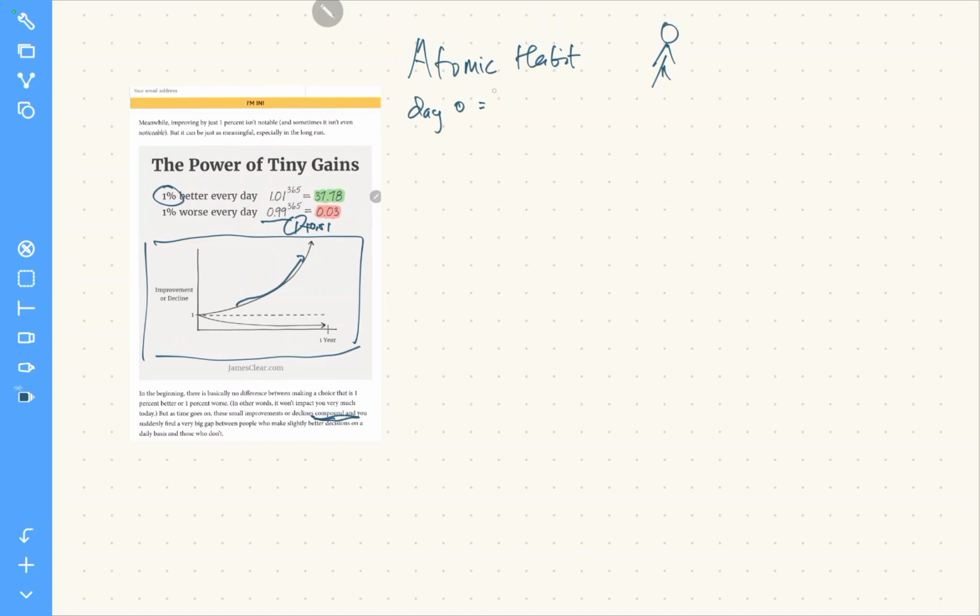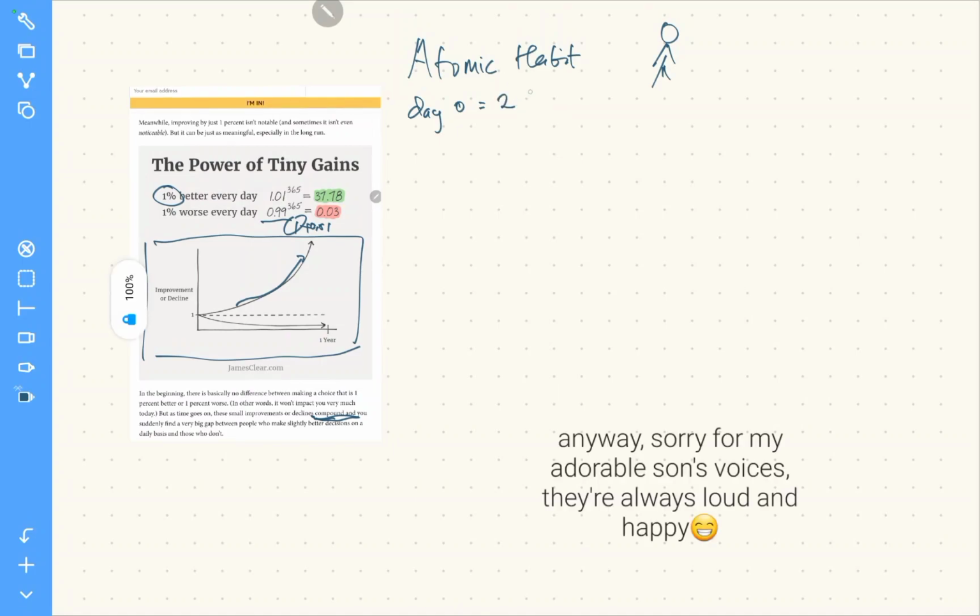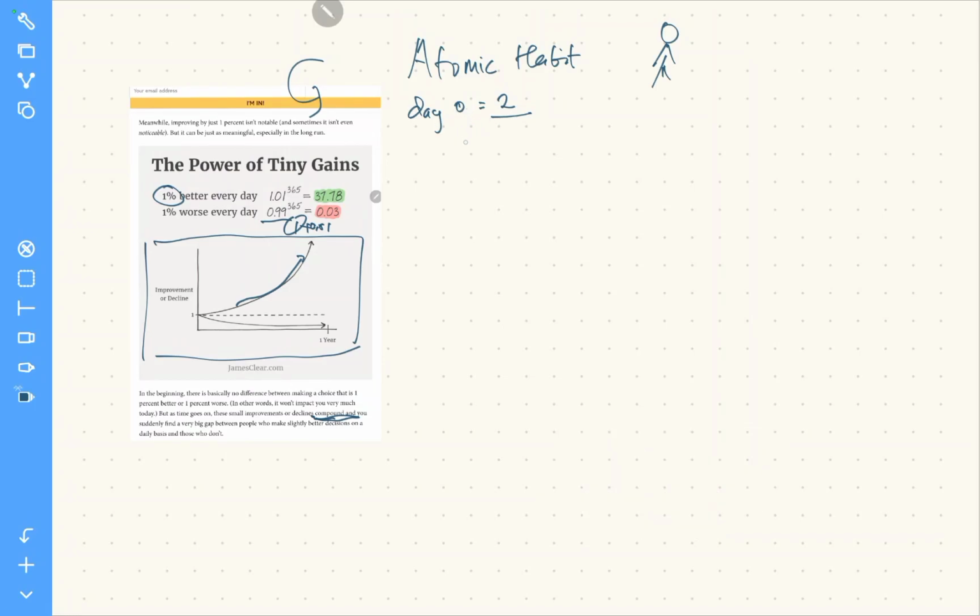So let's say I have a value of myself, maybe 2, whatever, just set the number here. Then one day after I read this book, I want to change myself. So I'm trying to give every single day a positive habit, let's call it B, okay? And then let's do it every single day, and let's see what's going to happen.